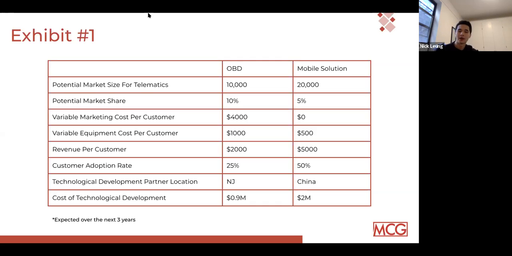Okay, cool. I'm not going to ask everyone to do the math, but just tell me what the formula would be. Let's take OBD first. What's the formula for OBD? Okay, let's break this down. We need to find revenue minus costs to get profitability.